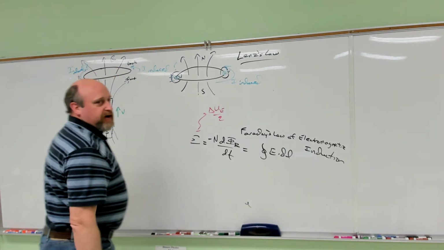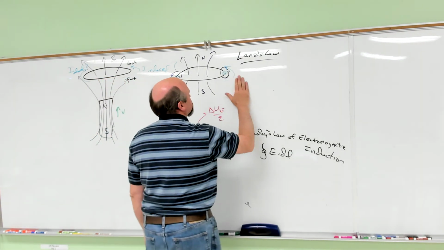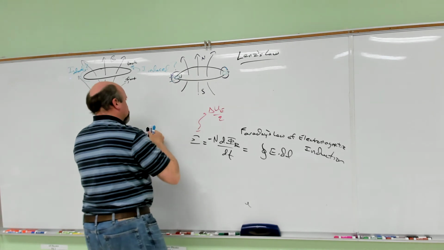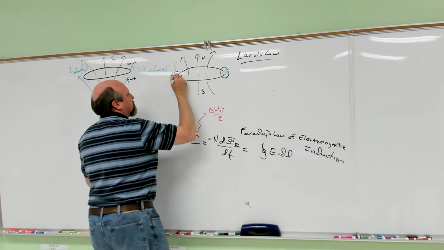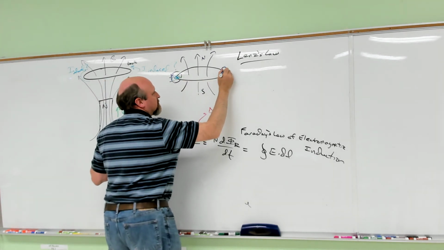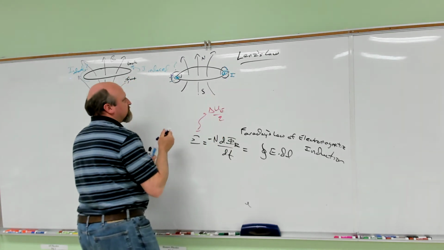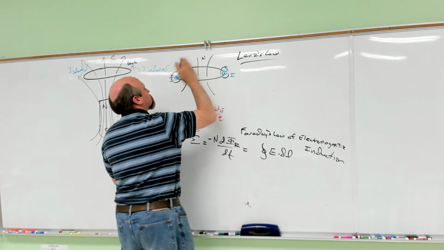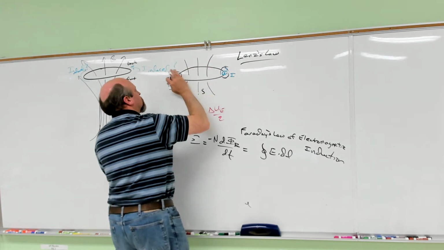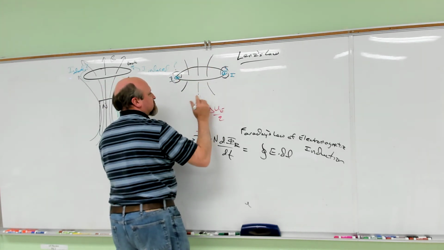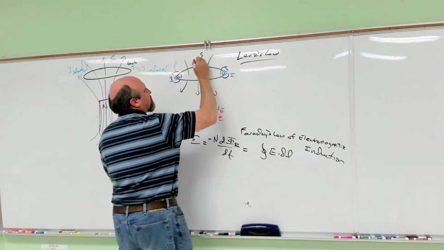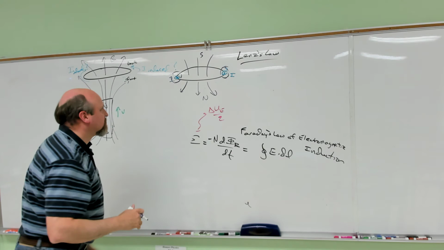Which way does the induced current go? It goes the other way. My induced current has to go this way. And so the magnetic field lines will go the other way. And this will be the magnetic north, and this will be the magnetic south of our induced magnetic field here, right?